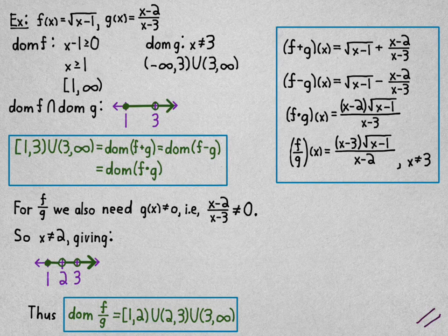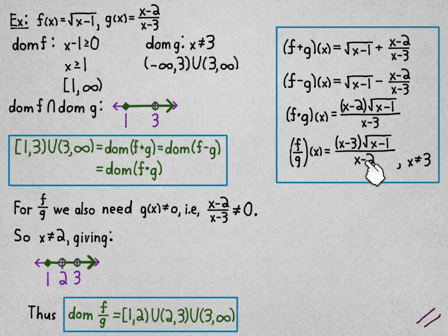And there I wrote that I need to have x not equal to 3, because you have to be able to do g and f, and the domain of g excludes 3. But that's already included where I wrote the domain down here for f over g. See, x is not equal to 3.